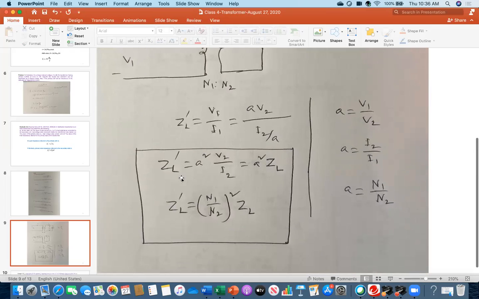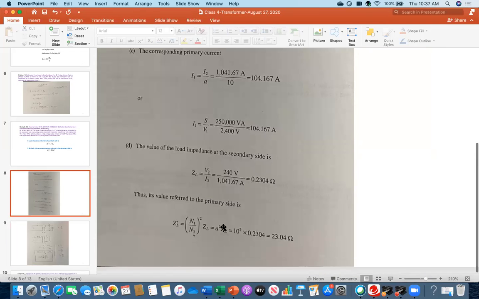Substituting that value, I get ZL prime = A squared times ZL. And what is A? Sometimes A is expressed as N1 over N2, the ratio of primary turns to secondary turns. So you can say A squared is N1 over N2 squared. That's why I am using that equation to solve the last part, this one.